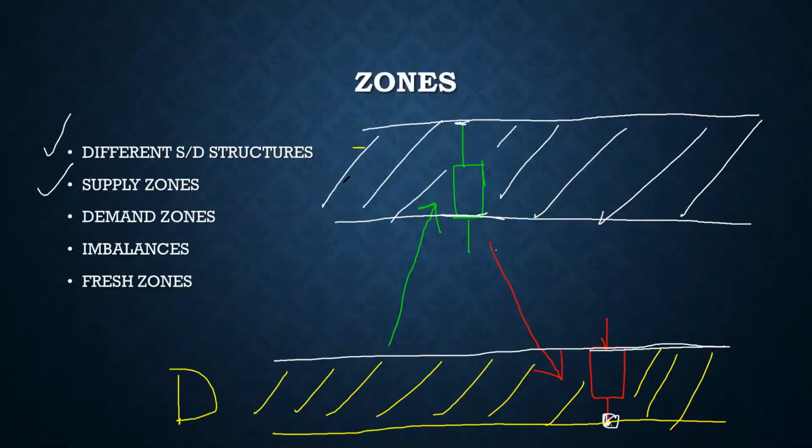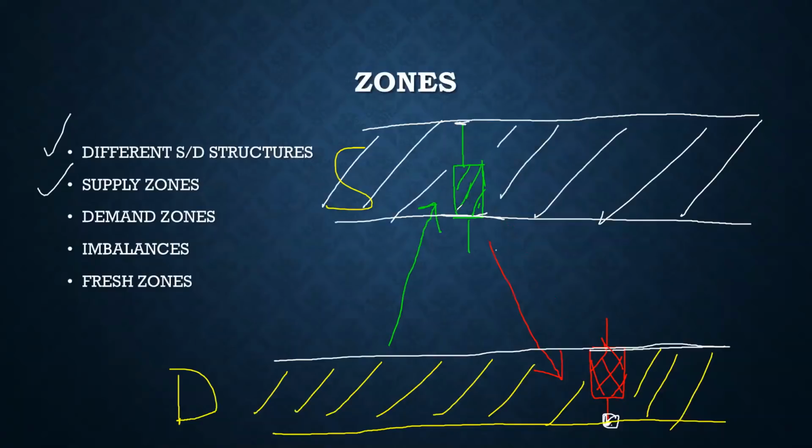This is a supply zone. Okay. So you'll see that on the demand, we used the last bearish candle before the reversal, and on the supply we used the last bullish candle before the reversal, right?